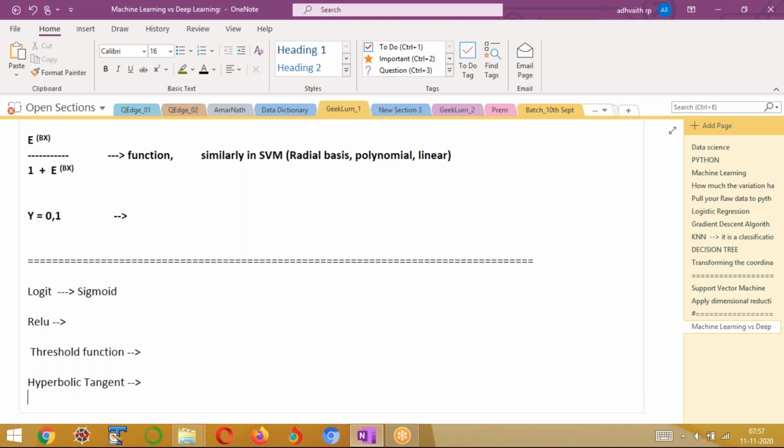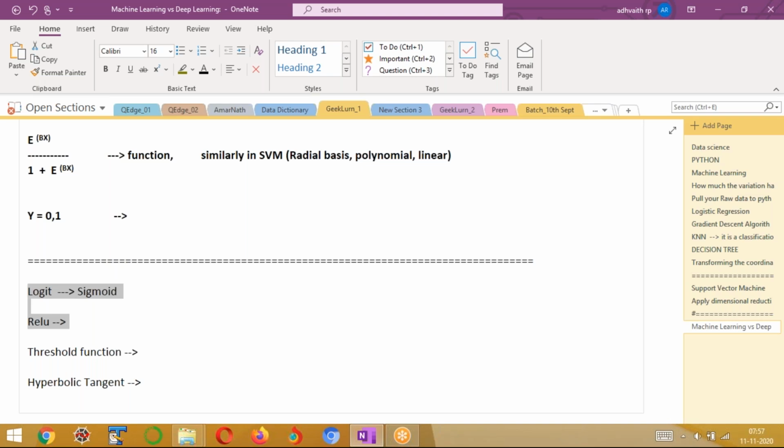Not only this, a lot of functions are there, almost 10 functions. I'm not writing them all because the most important ones we are making use of here are sigmoid and ReLU.